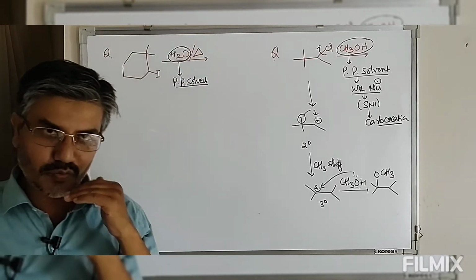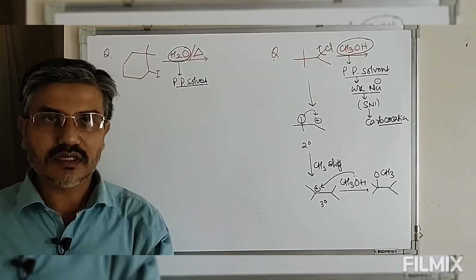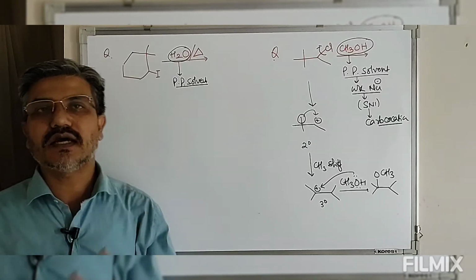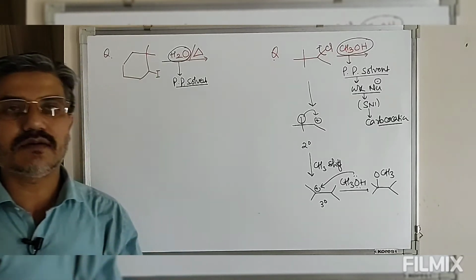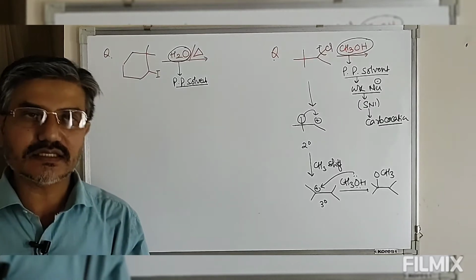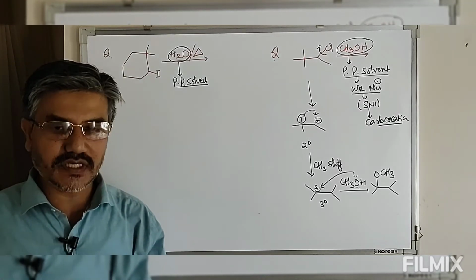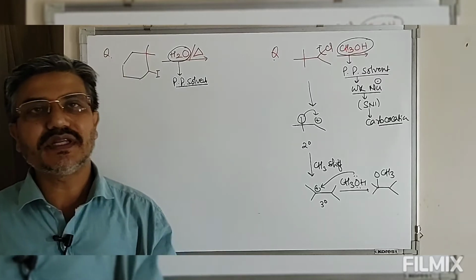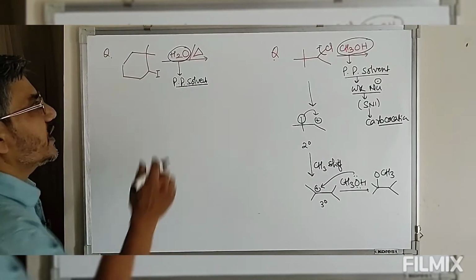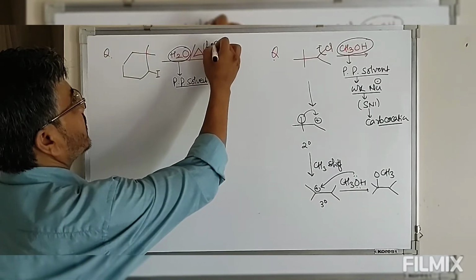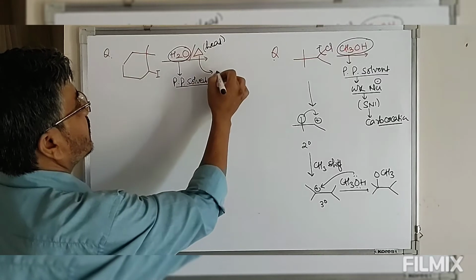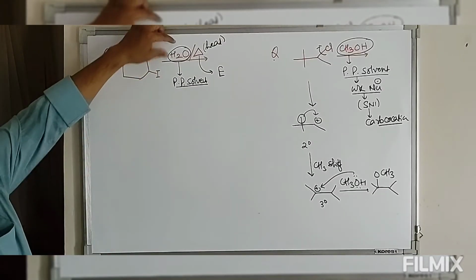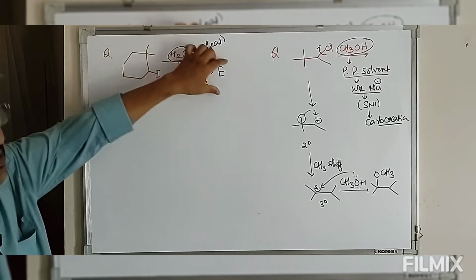Heating always promotes elimination reaction. Whenever halogen-substituted alkyl hydrocarbons are heated, the reaction preferentially occurs through the elimination pathway. So now we are having a polar protic solvent and the reaction is elimination.